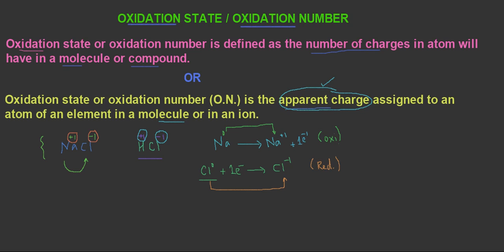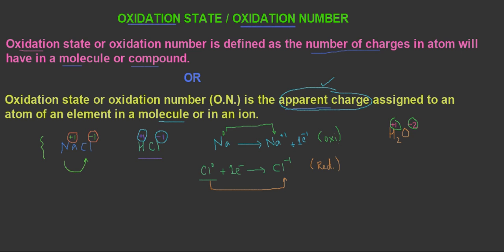So now let's discuss another example that is related to a molecule. We can take the example of water. Water, as you know, has the formula H2O. In this case, the oxygen atom has -2 charge, while the hydrogen atom has +1 charge. So this +1 and -2 are known as oxidation number or oxidation state. Keep in mind that a molecule as a whole is always neutral.